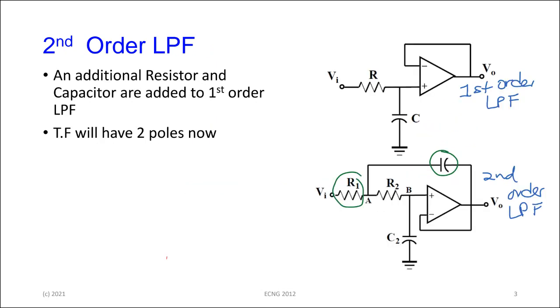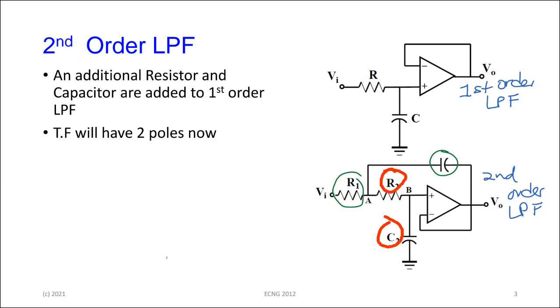So if we add two more passive components, one resistor and one capacitor, then we create the filter that we have below. Notice how it's added. The amp is kind of flipped around a little bit, but the same original RC network that we had above is now designated here as R2 and C2.